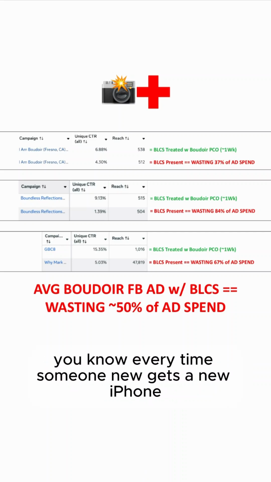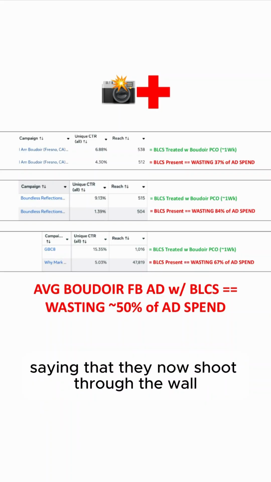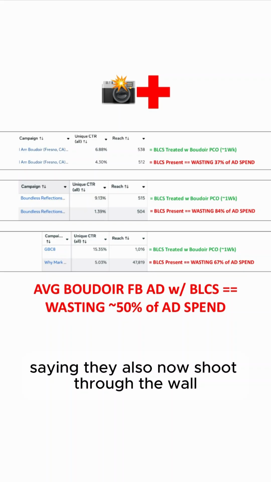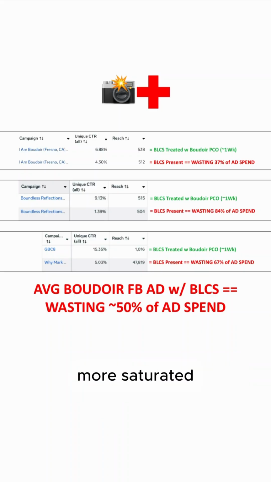Every time someone new gets a new iPhone, they're putting up their Google Maps profile saying that they now shoot boudoir, or they got a new camera. Now they're in the mom group saying they also now shoot boudoir. So it's becoming more and more competitive, more saturated.